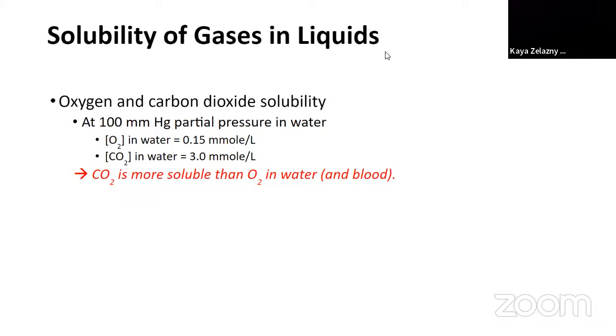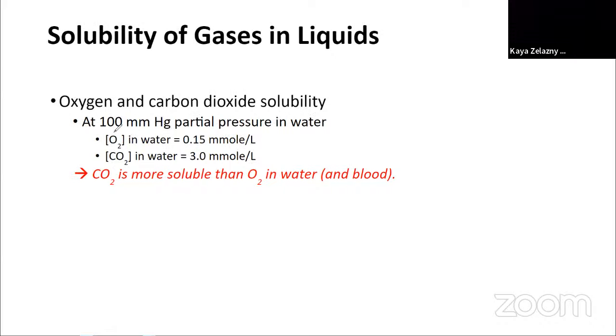Okay. So here's why we've been talking about this. Oxygen and CO2 have really different solubility in water. At a partial pressure of O2 of 100 millimeters, 0.15 millimoles of oxygen get into a liter of water.